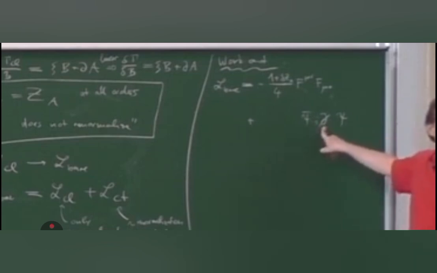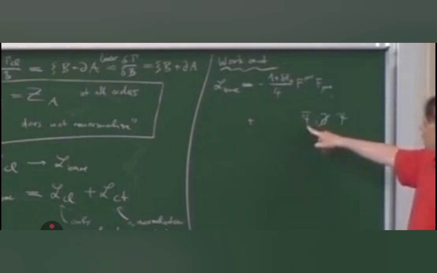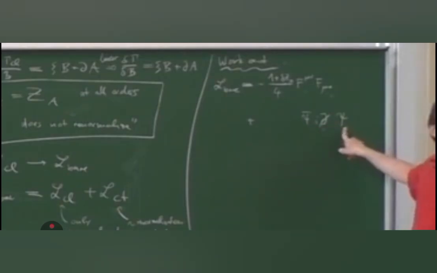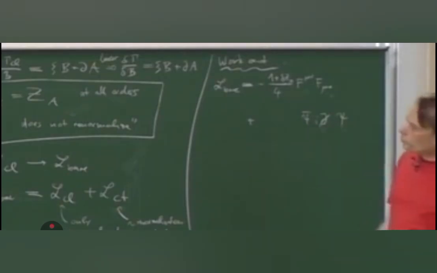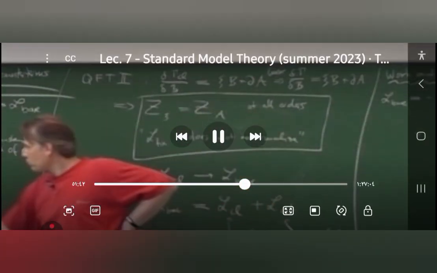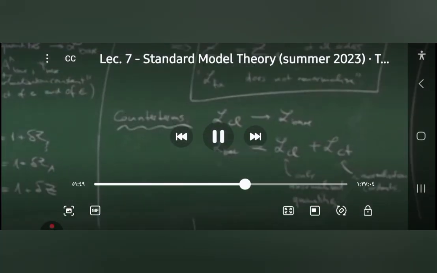So in the bare Lagrangian there would be now this term psi bare bar times psi bare. Psi bare is square root of Z times the original psi, so that gets a prefactor Z, or in other words it gets a prefactor 1 plus delta Z.